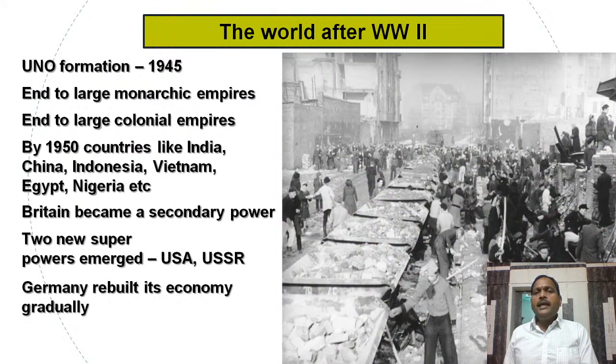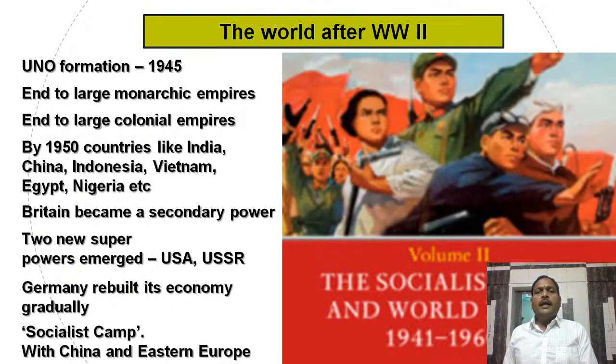Next, Germany, however, had many losses. Previously it had gone down, but it recovered from its economic crisis gradually and became a good power in Europe also. Next, many socialistic camps, that means many countries were inspired by socialism, and they saw how USSR got rid of the economic crisis, that means the Great Depression.